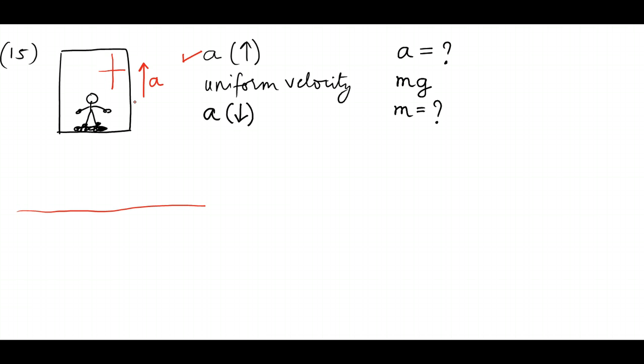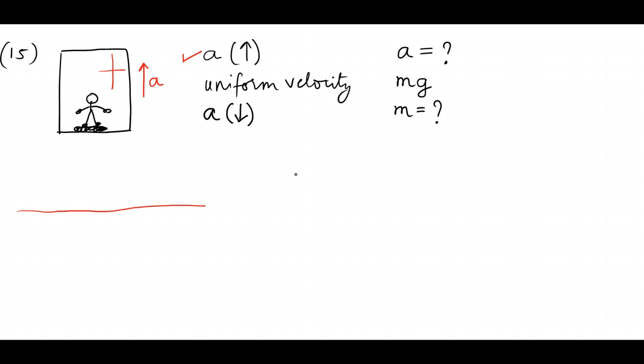But when we do that, we must note one very important point, namely that the elevator frame is a non-inertial reference frame because it has an acceleration with respect to the ground. And that means when we apply Newton's second law of motion to the man, we must necessarily incorporate pseudo forces, if any.